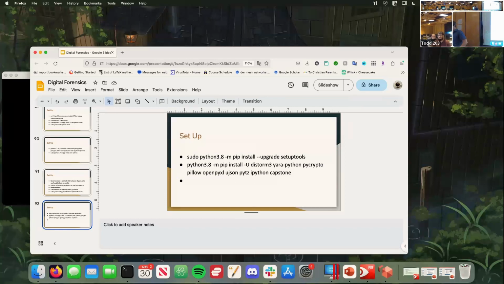Are we still doing step 9? Still do step 9. I got a big fat error. What kind of error? Error, command errored out with exit status 1.